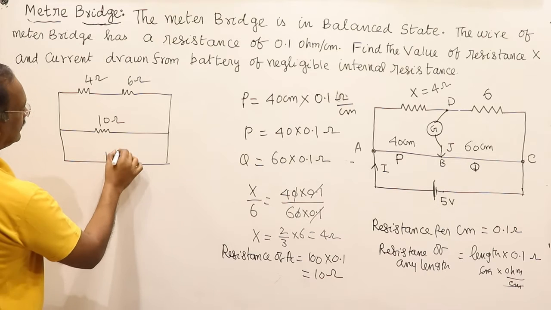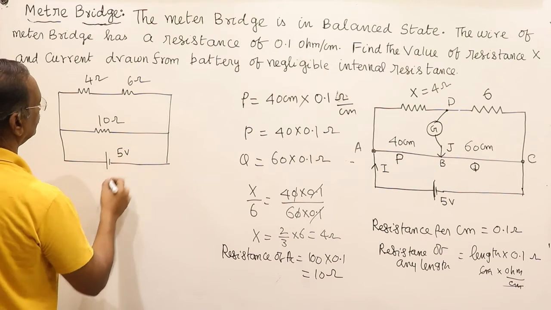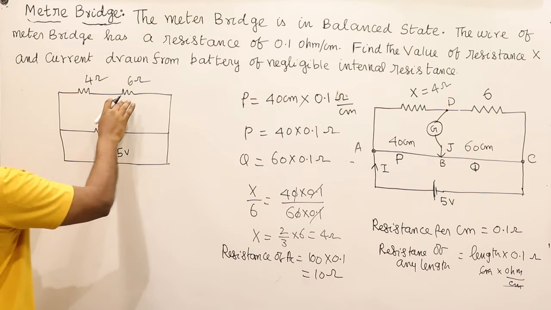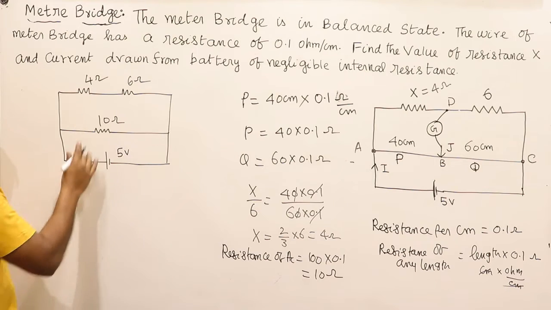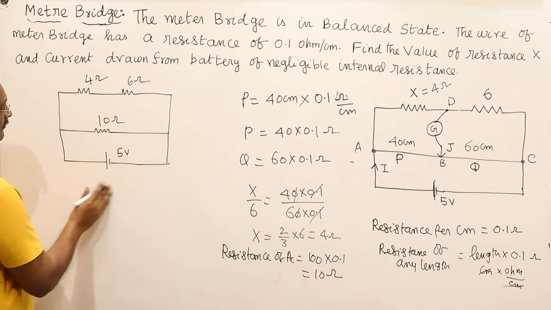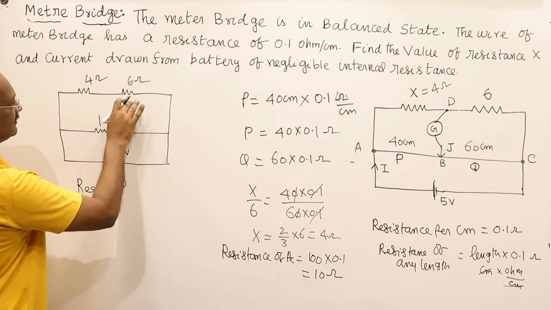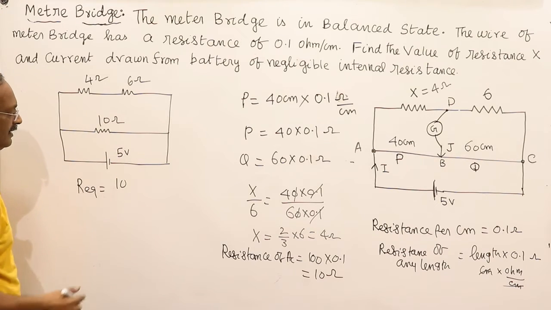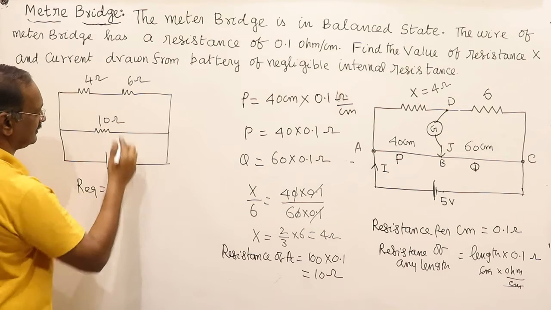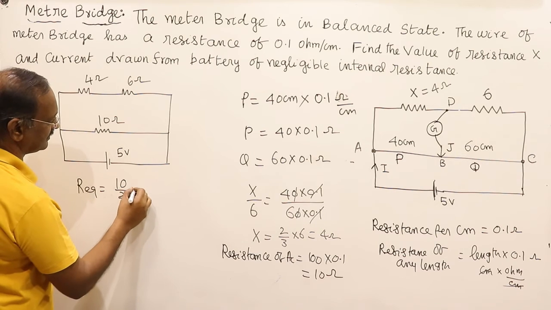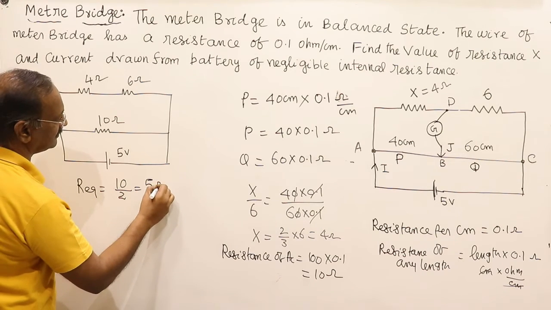This is 5 volt. So this and this are in series, equal to 10 ohm. 10 ohm in parallel with the 10 ohm. So R equivalent is equal to 5, because this is 10, this is 10, both are in parallel. Take any one of these resistances and divide by the number of resistances; that is the equivalent resistance.